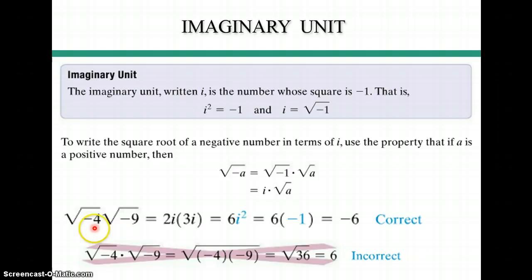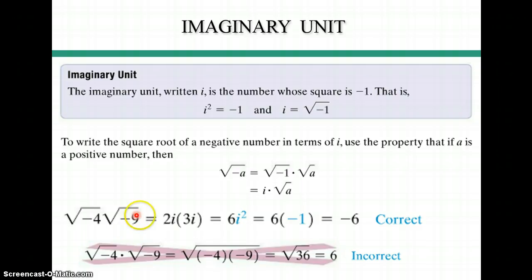Square root of negative 4 times square root of 9. Square root of negative 4 can be written as square root of negative 1 times square root of 4. So i times square root of 4. Square root of 4 is 2, so it will be 2i.